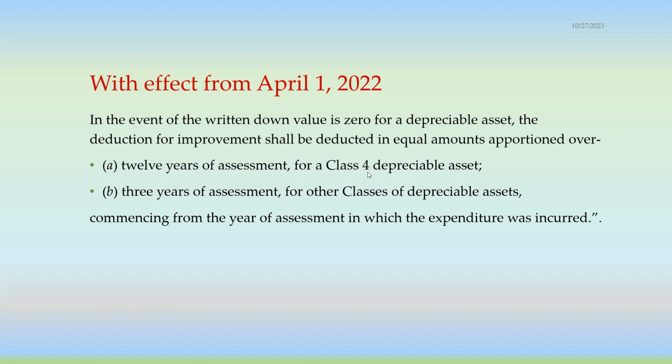Class 4 means if it is so, then the improvement expenses after the written down value is 0, they can deduct that expenditure over 12 years. If it is other than a class 4 asset, then that expenditure can be deducted over 3 years.